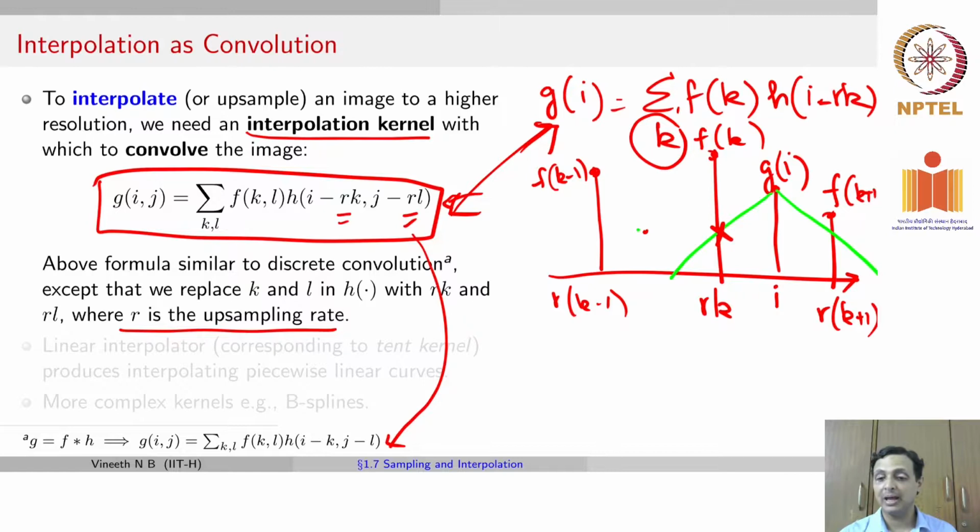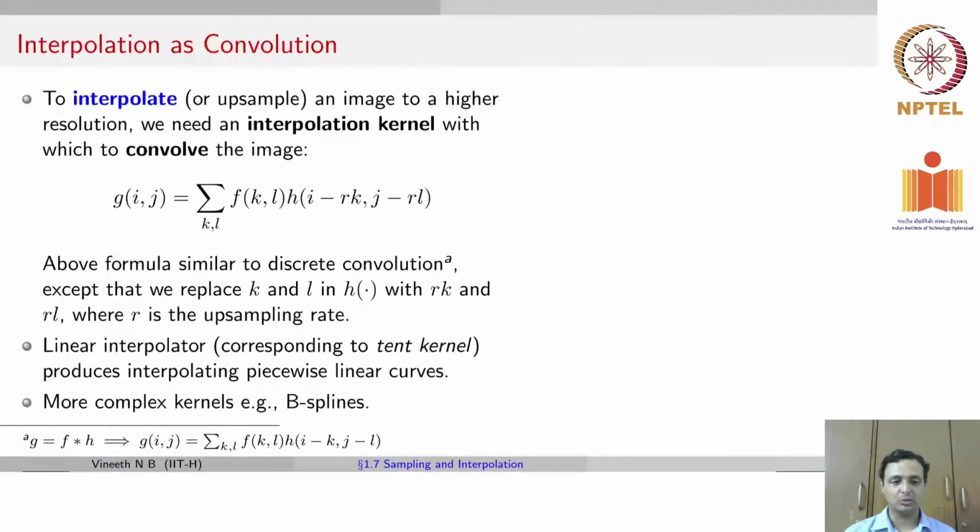So you're going to multiply fk by h of I minus rk, fk plus 1 by h of I minus r(k plus 1), which is going to be this quantity here, and so on and so forth. By doing this operation, you are able to interpolate, and you'll obviously sum up those values. There's still a summation here. You'll sum up those values, and that will give you the value of g of I. Okay. That's how these interpolation kernels work.